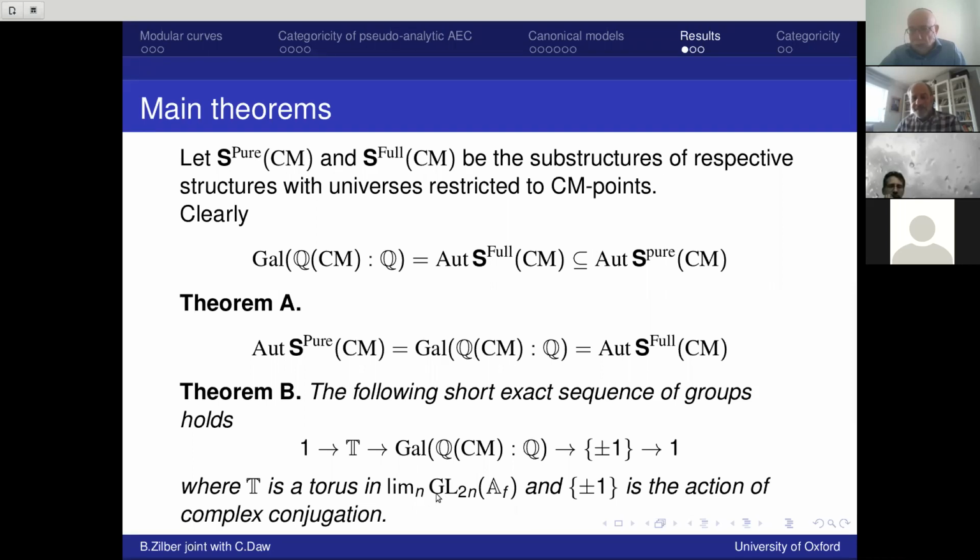So, in fact, you have to consider GL2, the Cartesian power of GL2, and inside this Cartesian power, you have the Cartesian product of infinitely many tori with adelic points on the tori.